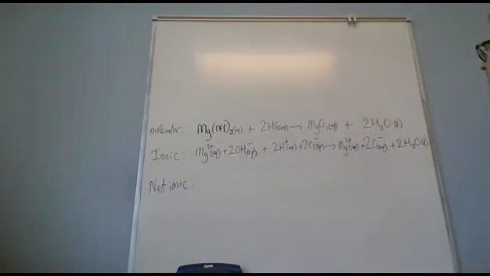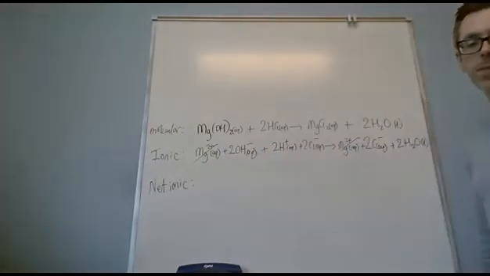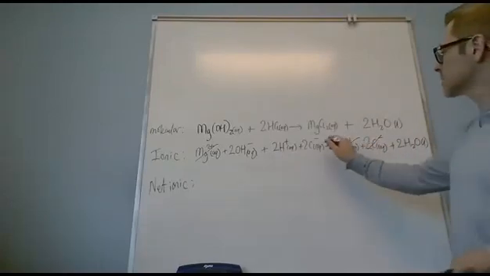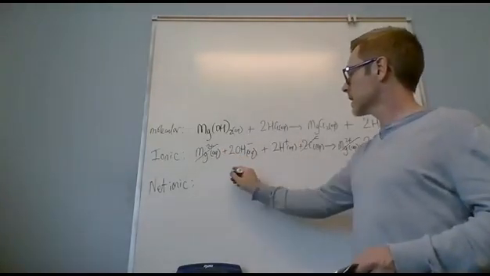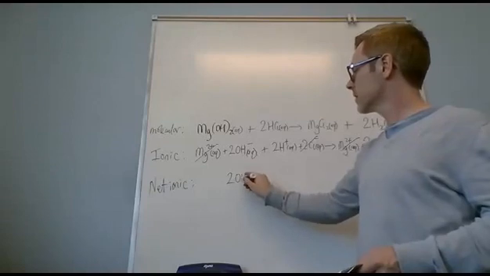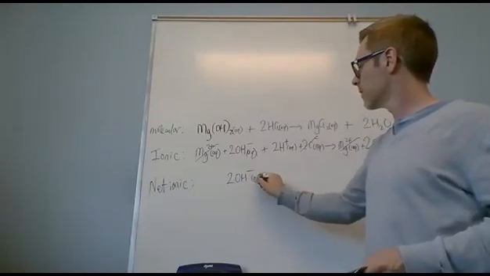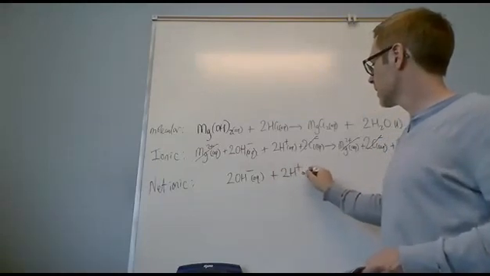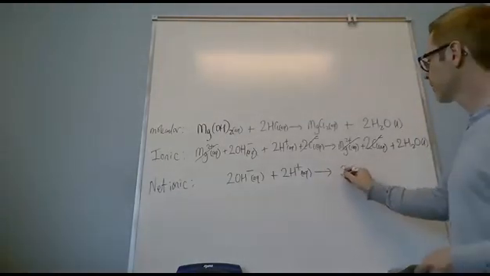Okay, we now cancel spectators. Well, I have a magnesium cation on both sides. I have 2 chlorides on both sides. So I can't cancel anything else, so I just rewrite what's left. 2OH minus and 2H plus give 2H2O.